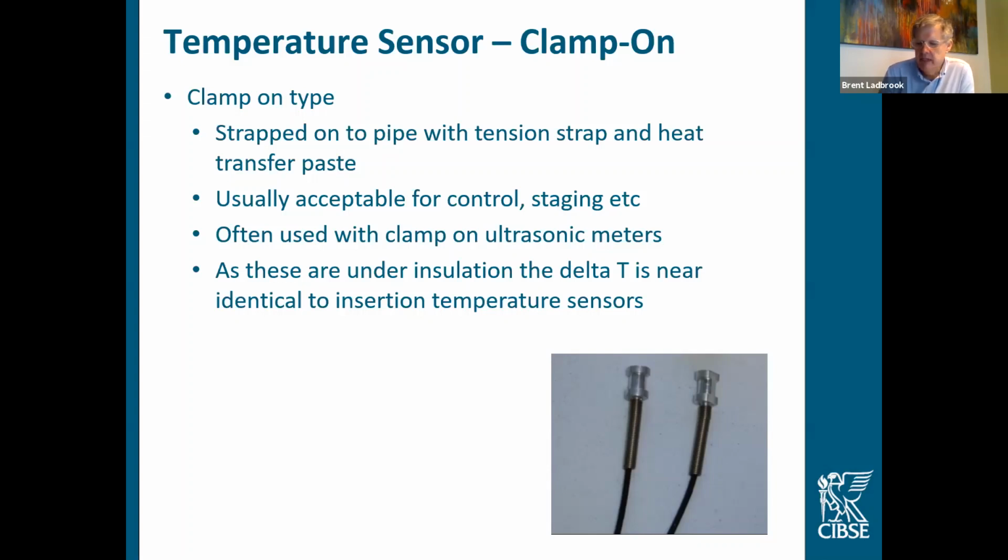My take on it is that you're measuring a delta T, so your accuracy on the absolute number when you're using a clamp-on would not be as good as an insertion type temperature probe, but your delta T would be just as good. So for some applications, these are still very, very acceptable.